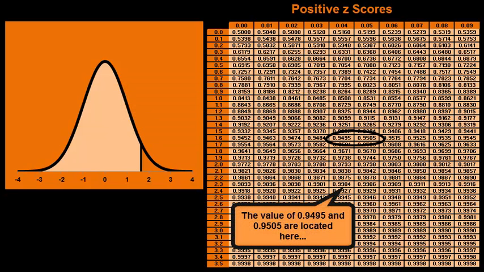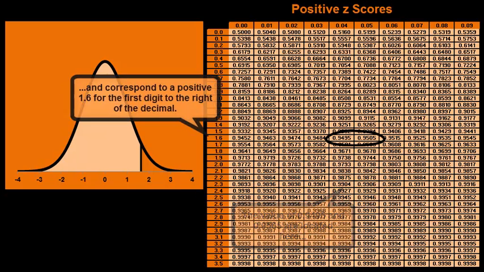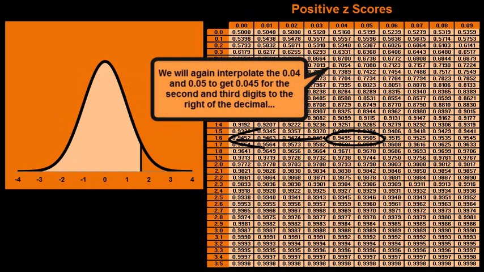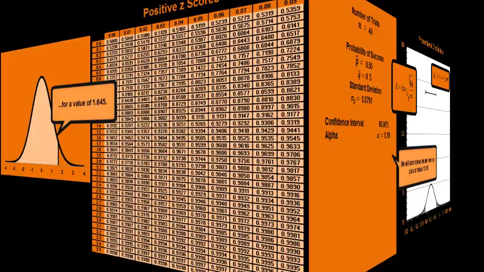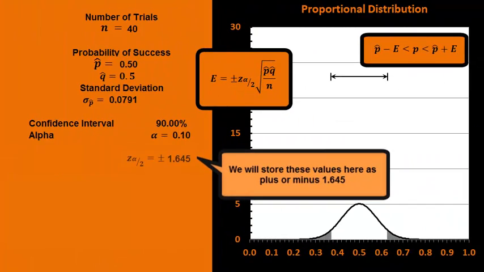The values of 0.9495 and 0.9505 are located here and correspond to positive 1.6 for the first digit to the right of the decimal. We will again interpolate the 0.04 and the 0.05 to get 0.045 for the second and third digits to the right of the decimal, for a value of 1.645. We will store these values here as plus or minus 1.645.